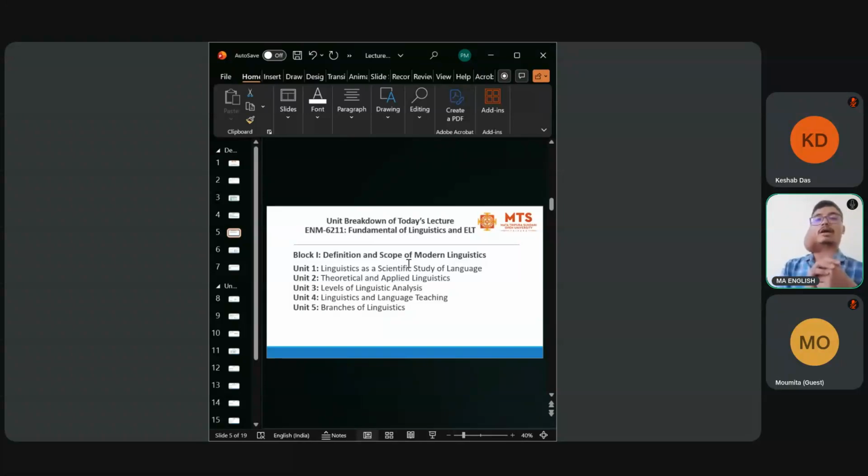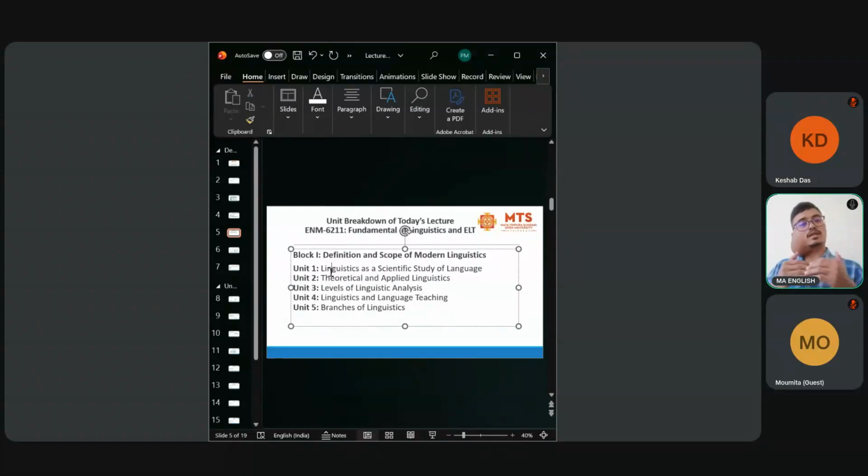As you can see here, there are 5 units, right? So I shall be explaining each unit, okay, in a very simple way so that you can easily understand what I discuss. In unit 1, we see linguistics as a scientific study of language, right?